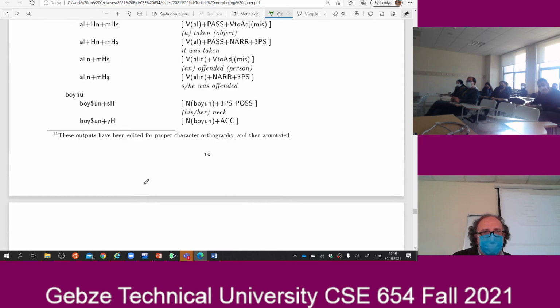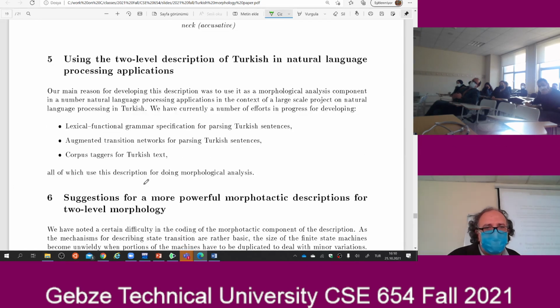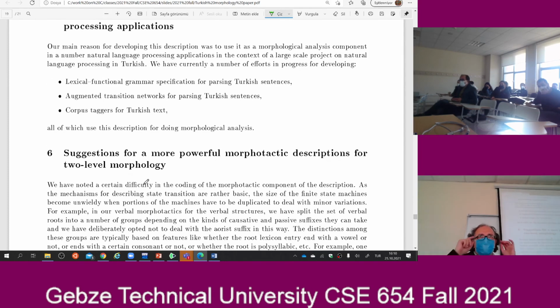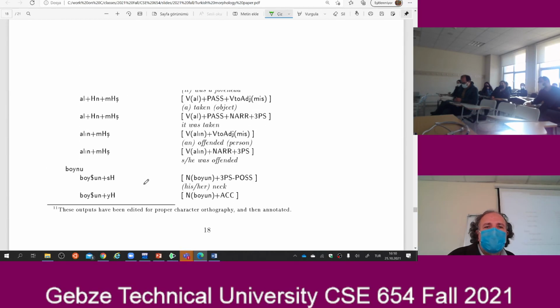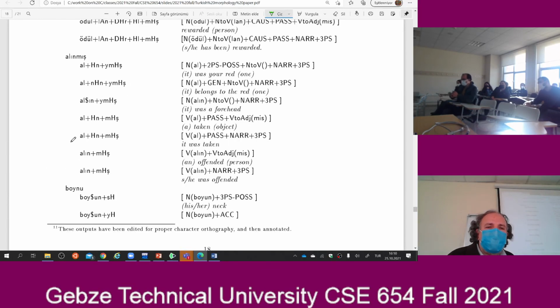Alınmış, boynu, etc. So the morphology is something interesting, and the nice thing about it is you don't need any artificial intelligence related stuff to do the morphological analysis. The only thing that you're going to use artificial intelligence for is to disambiguate one of them, okay?